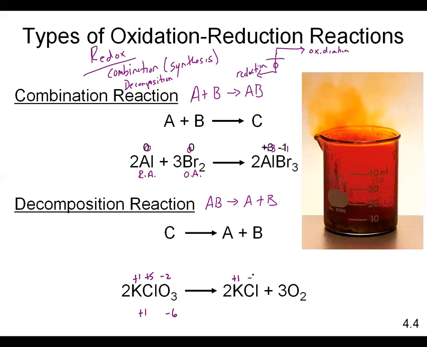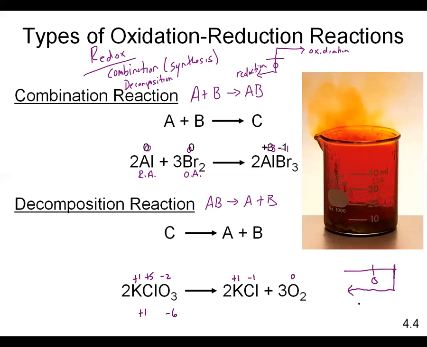Our chloride is -1. And our oxygen is 0. When we look at what's happening, the potassium is not changing, but the chlorine here is going from +5 to -1. So +5 would be over here, and it's heading towards -1.